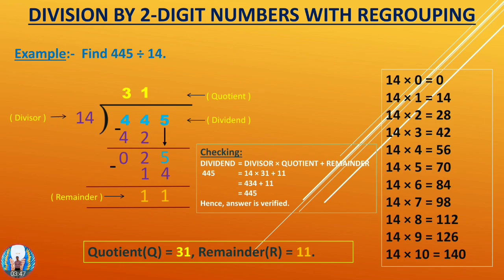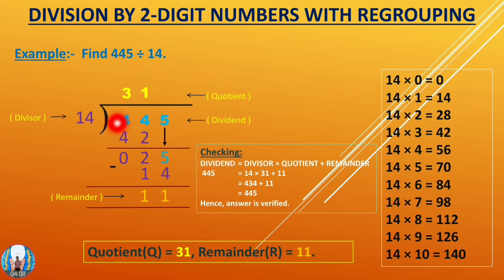Here, if you want to check whether your answer is correct or not, here is a simple formula for that. That is, dividend equals divisor times quotient plus remainder. Here we multiply divisor and quotient, and add the remainder to get the dividend.